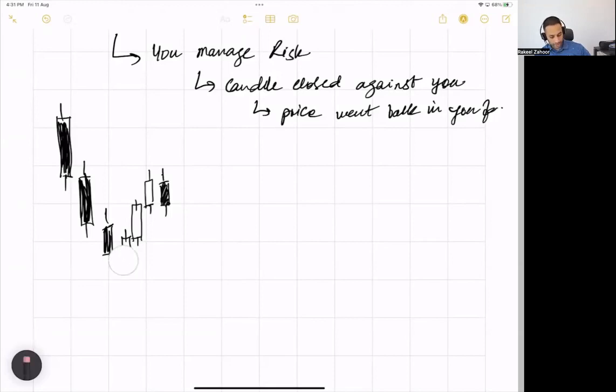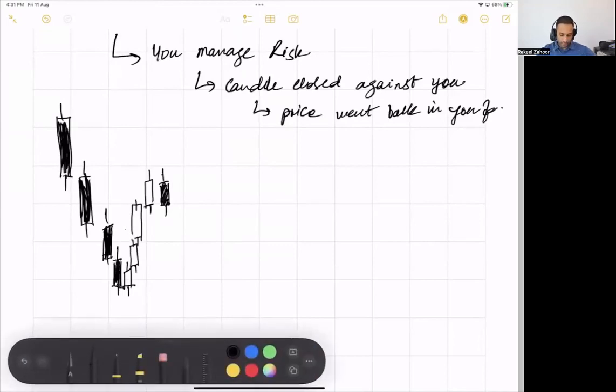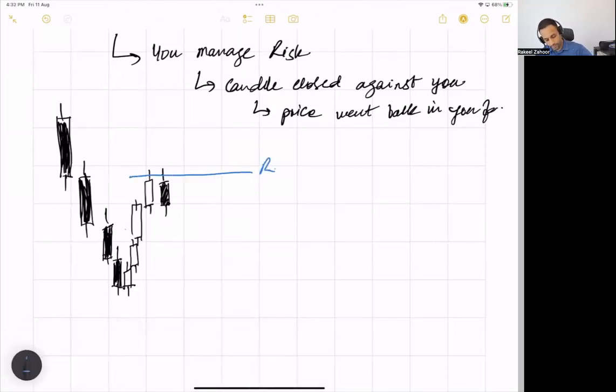Let's make this a little bit lower, right over here. Perfect, right? So now we have created some sort of resistance. We have a resistance formed.